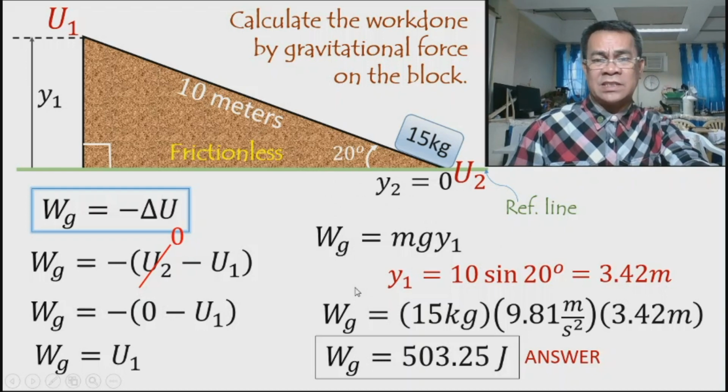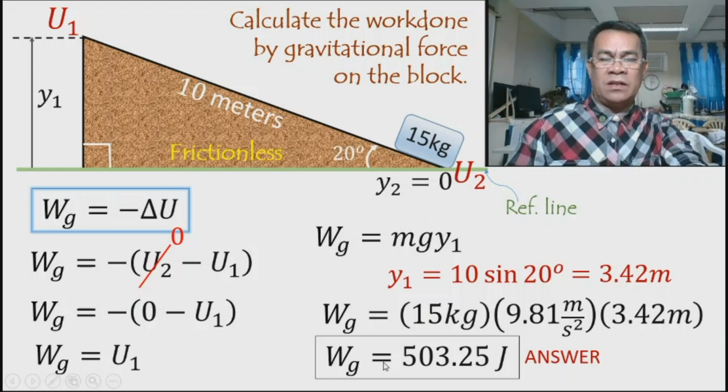The answer is yes. Why? Take note that our force is gravity, the gravitational force. And it is approximately constant because the activity is within the range of the Earth's surface. So therefore, we can treat it as work done by a constant force. So we can calculate another way.